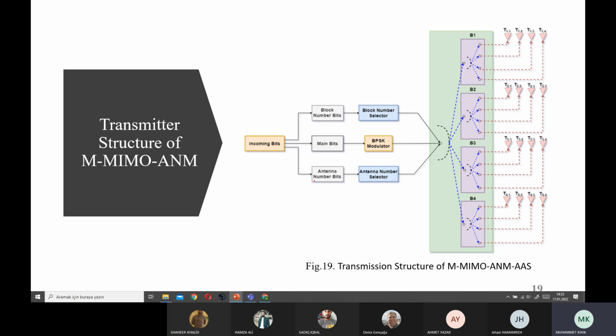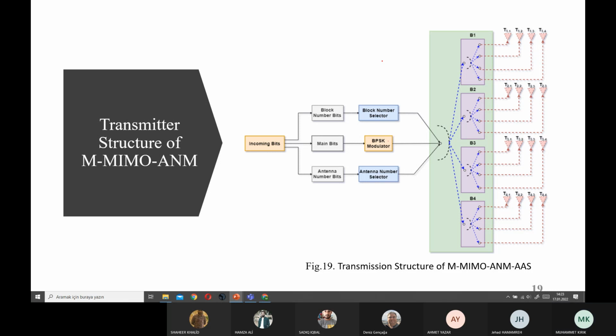And the antenna number bits decide how many antennas will be activated. But in addition to these two that we already had in the antenna number modulation, we are also adding block number bits. These are responsible for deciding how many blocks in the data transmission system will be activated.